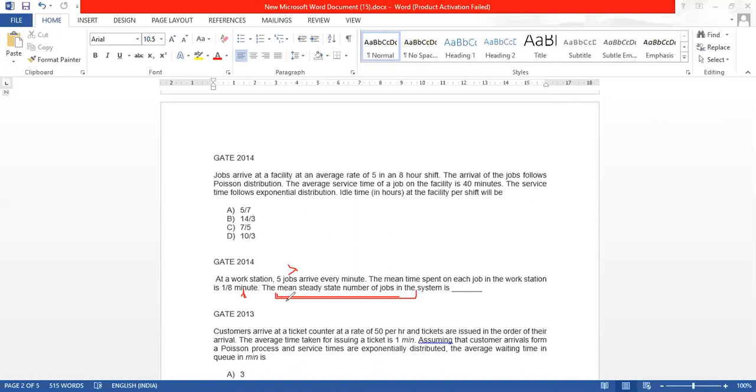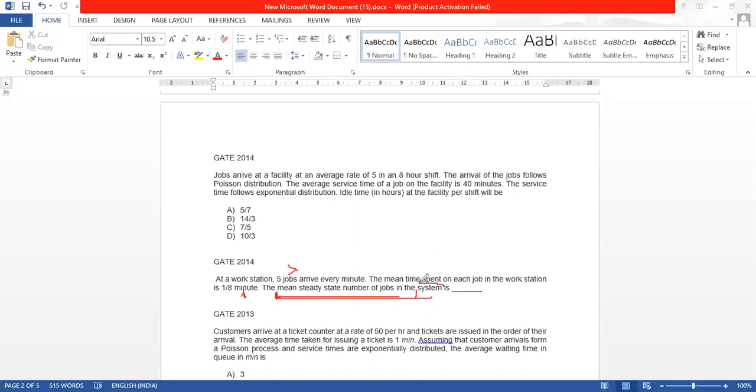We have seen many terms: Ls, Lq, Ws, Wq, rho. What does this mean? Number of jobs in the system, what does this thing mean? This is not the queue length, this is the length of the system.